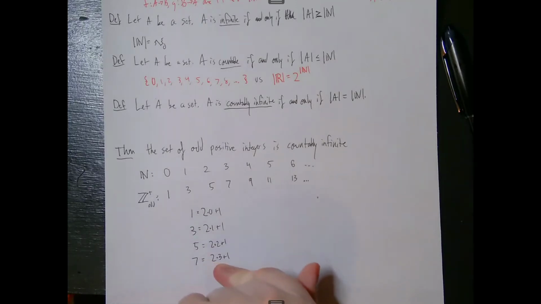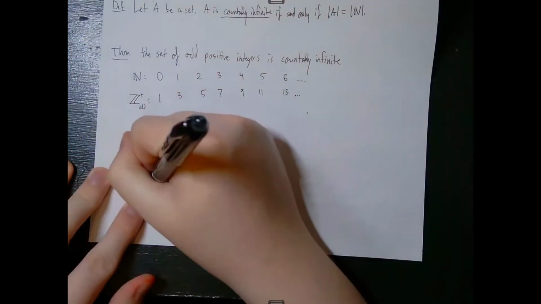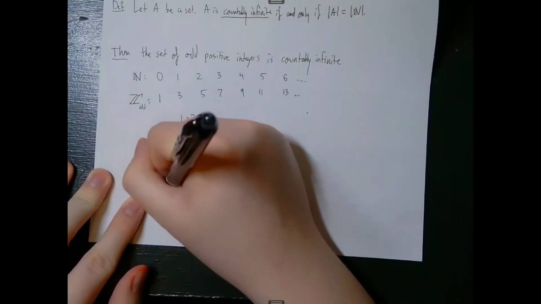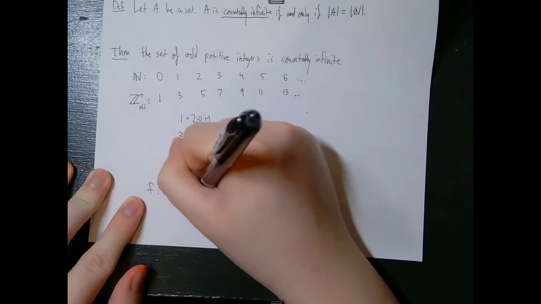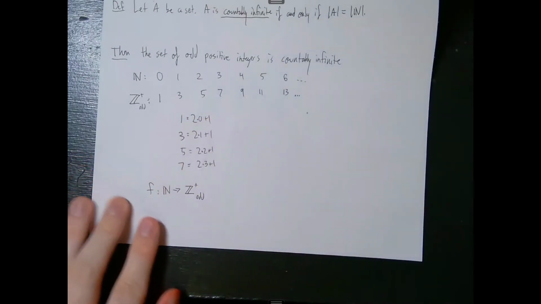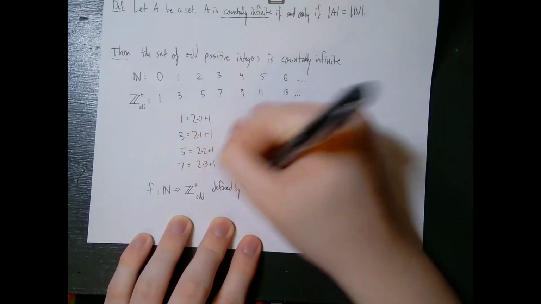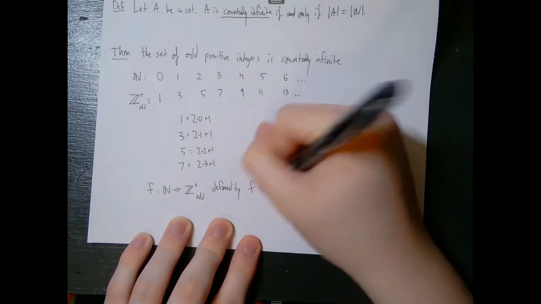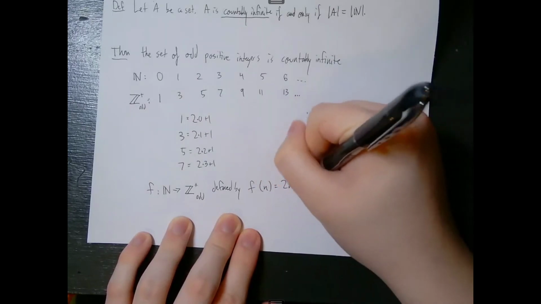So my proposition is that we can define a function f from the natural numbers to the odd positive integers defined by f of n equals 2 times n plus 1.